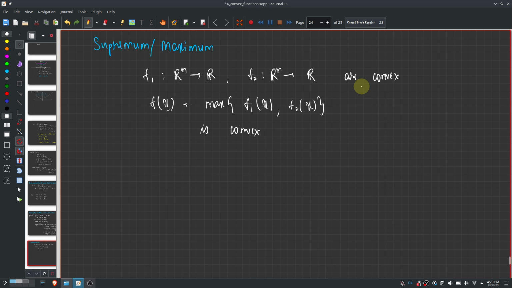Minus f1 and minus f2 are concave. So the maximum of f1 and f2 is the same as the minimum of minus f1 and minus f2. So if f1 and f2 are concave, then the minimum is also going to be concave.